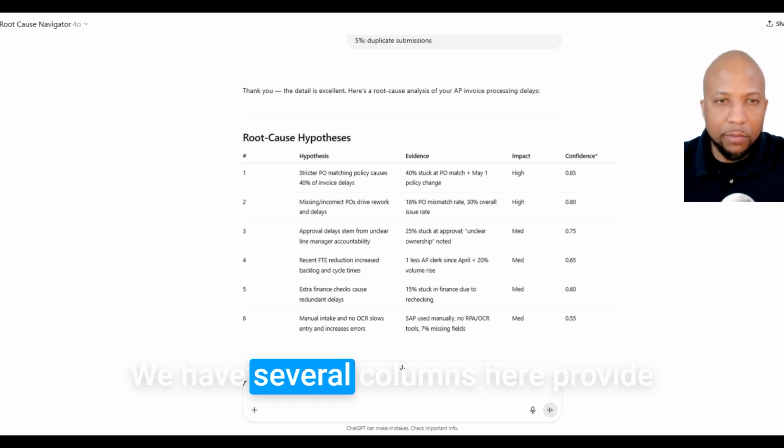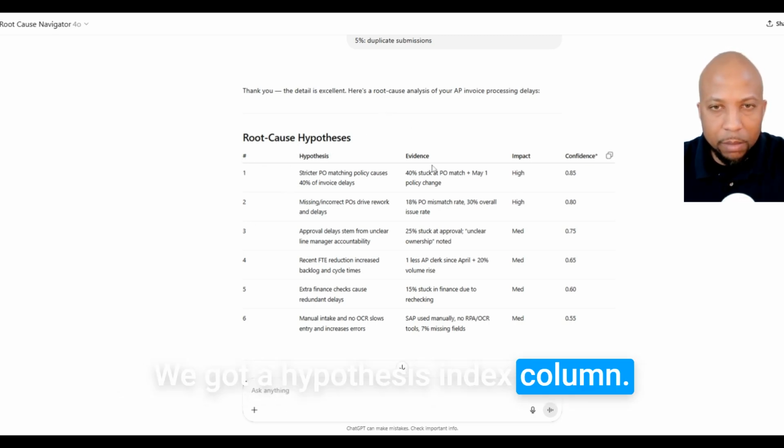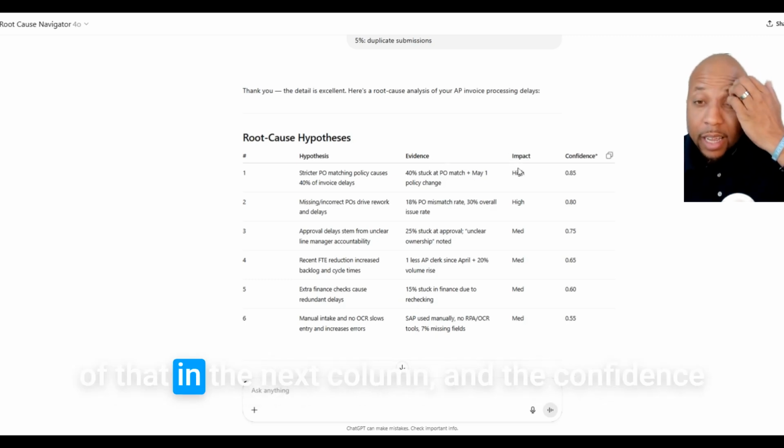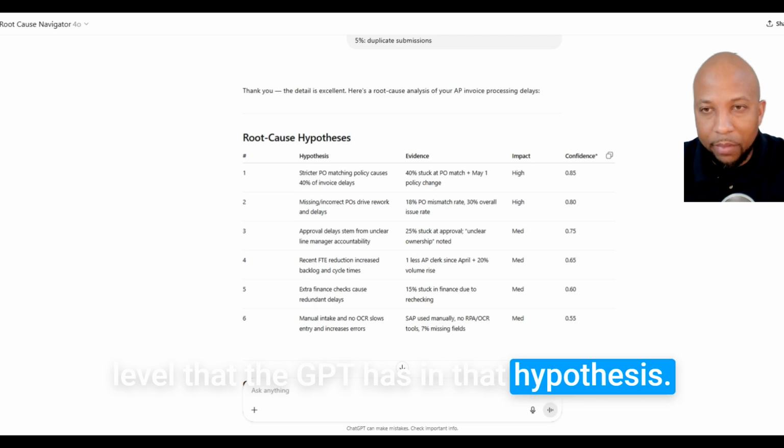We have several columns here: an index 1 through 6, our hypothesis in the next column, our evidence in the next column, the impact in the next column, and the confidence level that the GPT has in the hypothesis in the last column.